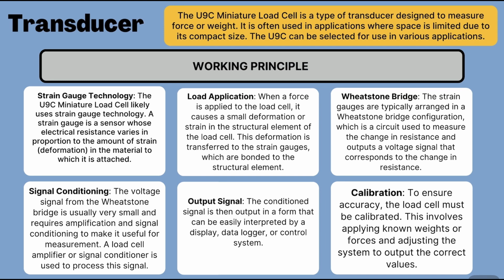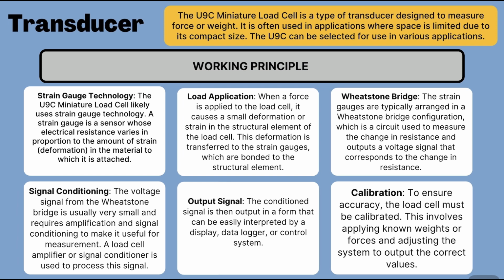The U9C miniature load cell is designed to measure force or weight, and the application is strain gauge technology, which is available in a very small size, and due to its small size, it is able to detect very small changes, often due to deformation.